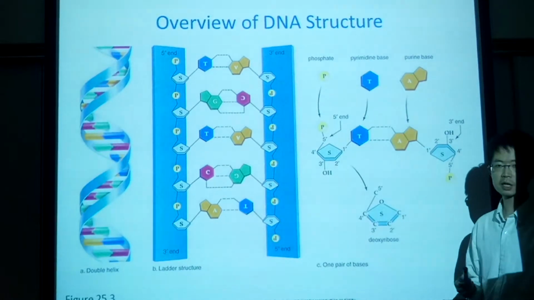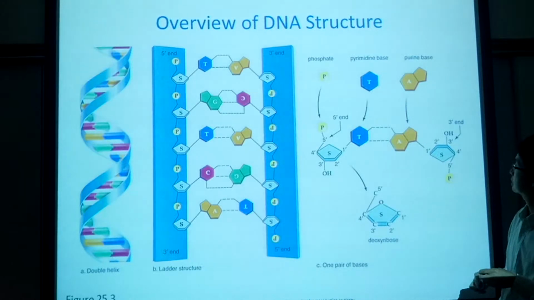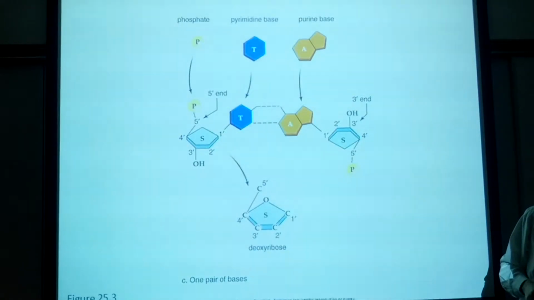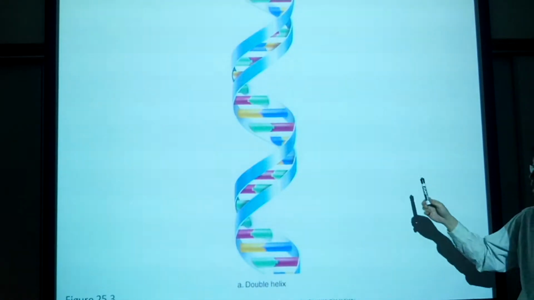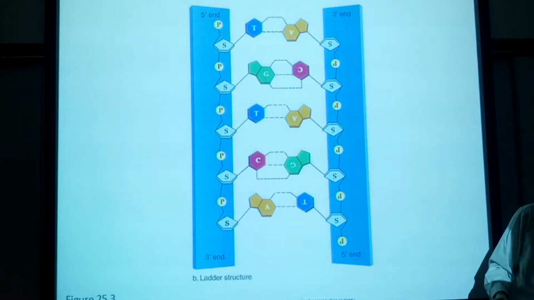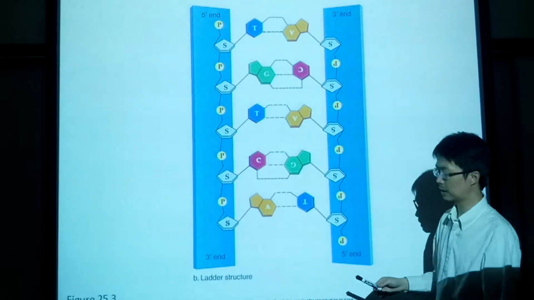First of all, we need to take a look at the structure of the nucleotide, the monomer. So this is what I meant, double helix, and then it is anti-parallel.